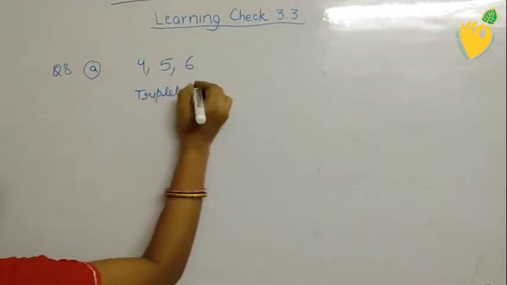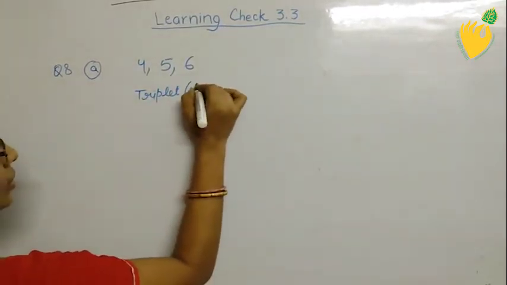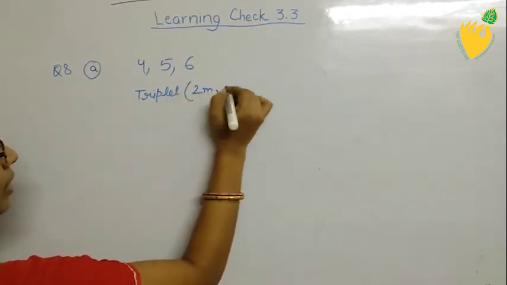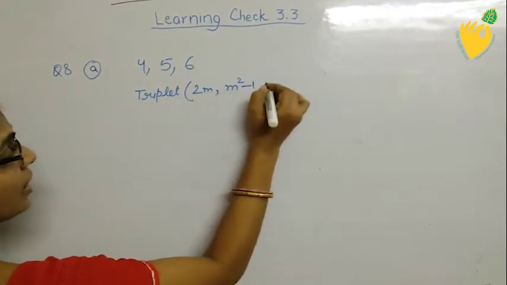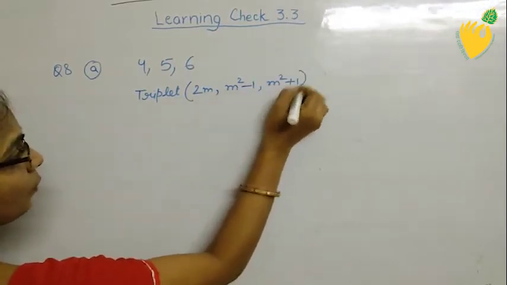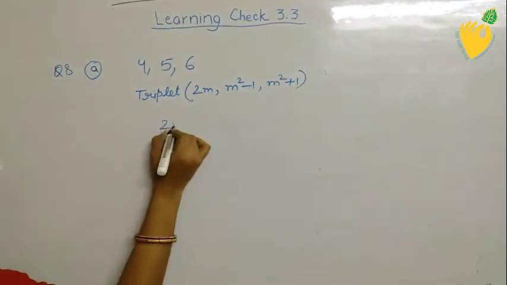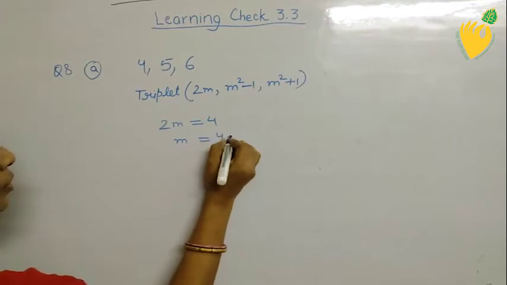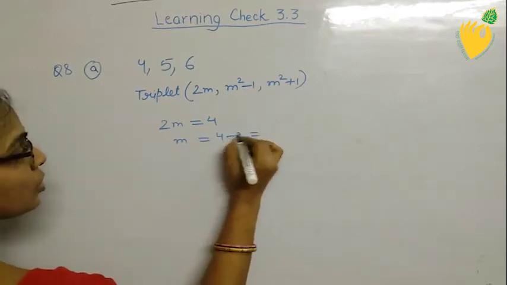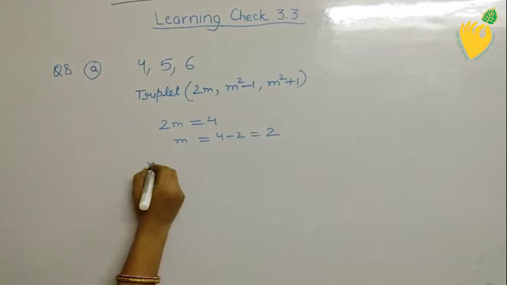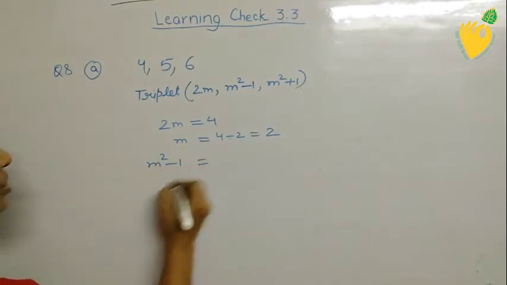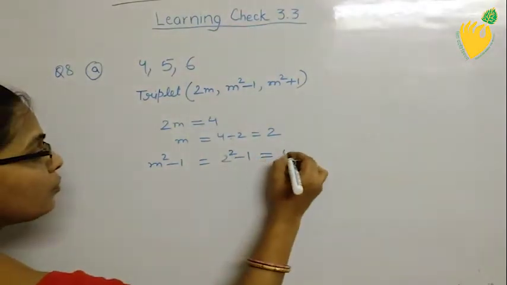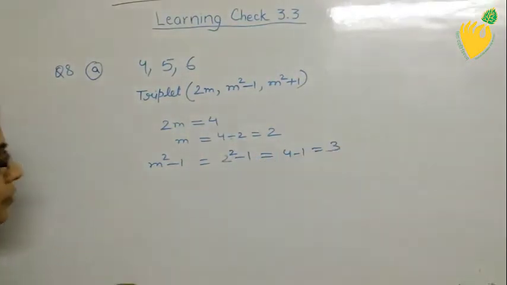Pythagorean triplet. What is that? 2m, m squared minus 1 and m squared plus 1. Let's take 2m equals 4. So the value of m will be 4 divided by 2, which equals 2. Now find the value of m squared minus 1, which is 2 squared minus 1 equals 4 minus 1 equals 3.